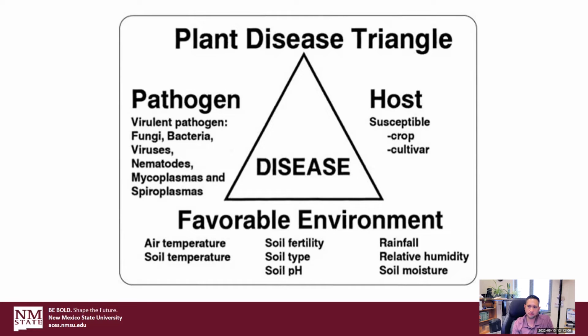So it needs to be a susceptible host to that pathogen. And then finally, once those two are together, that favorable environment comes into play. And that favorable environment is usually moist, humid, high humidity levels, usually after rainfall. All three of those things need to come together, and then the plant will get a disease.